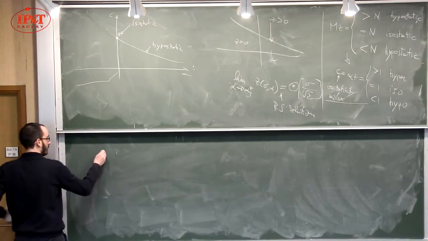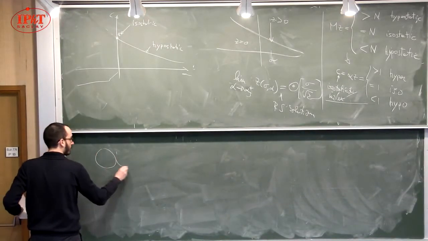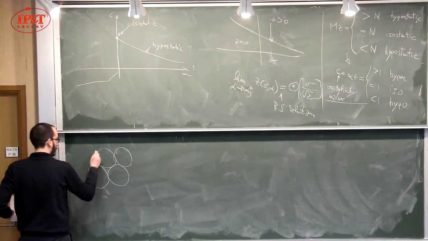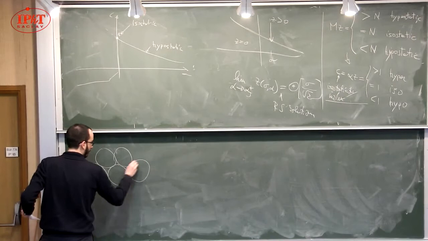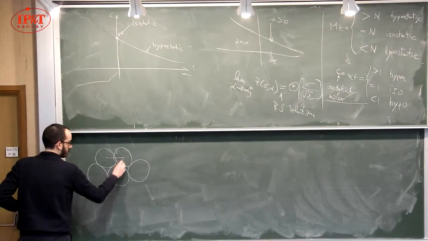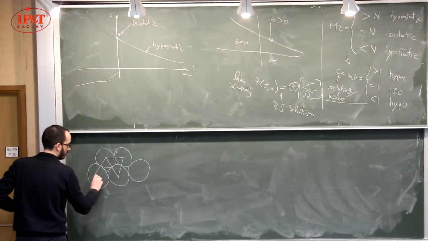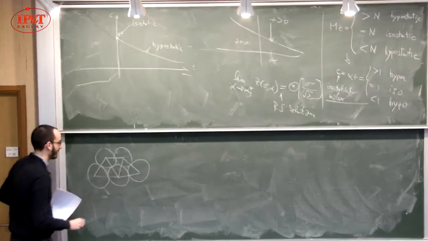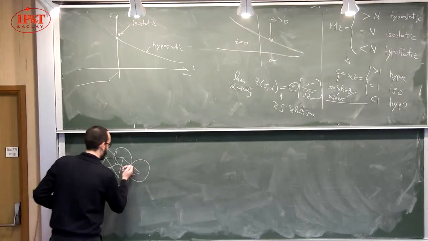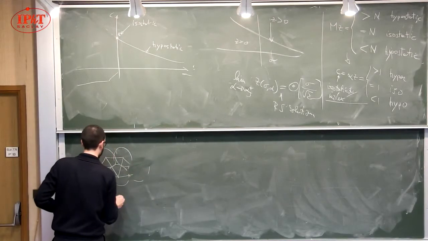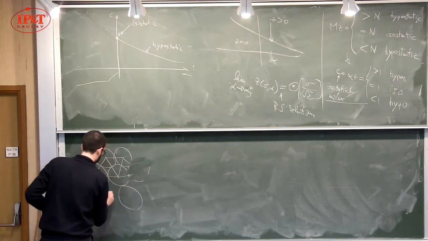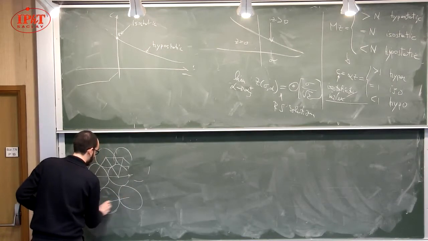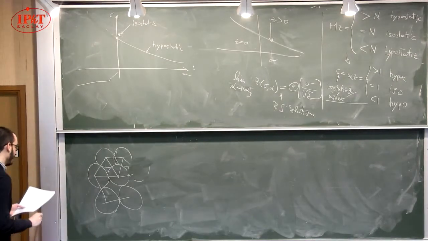Okay. So this is jammed, so spheres do not overlap. And I just make a contact network. Okay, so I'm not drawing an amorphous packing. This is a lattice packing, but okay. Let me do it more randomly. I don't know, like that.